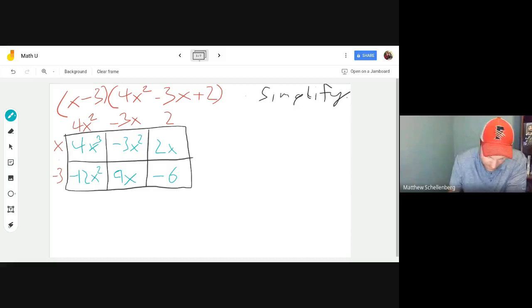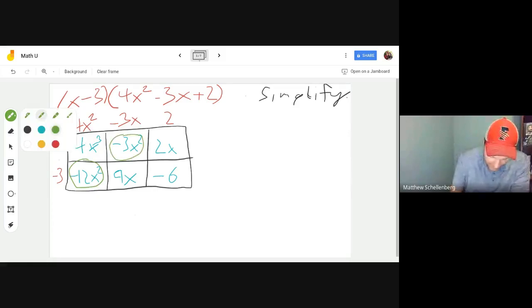And then we combine like terms, if there are any. Do any of these have the same variable with the same exponent? I say yes. This one and this one have the same exponent. And then the other two over here, 9x and 2x, also have the same.